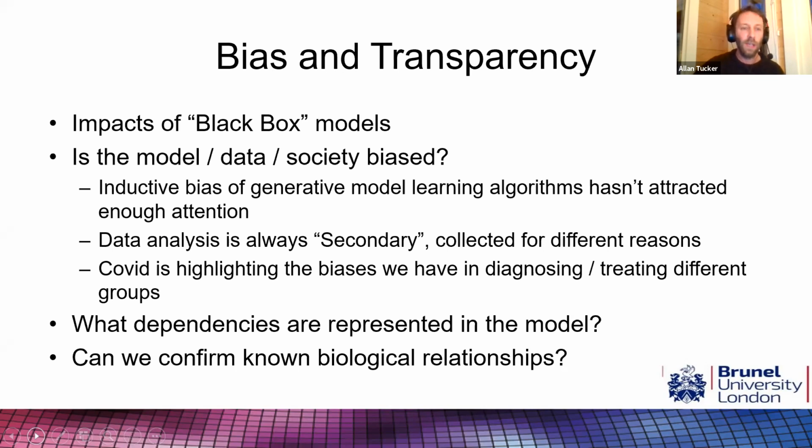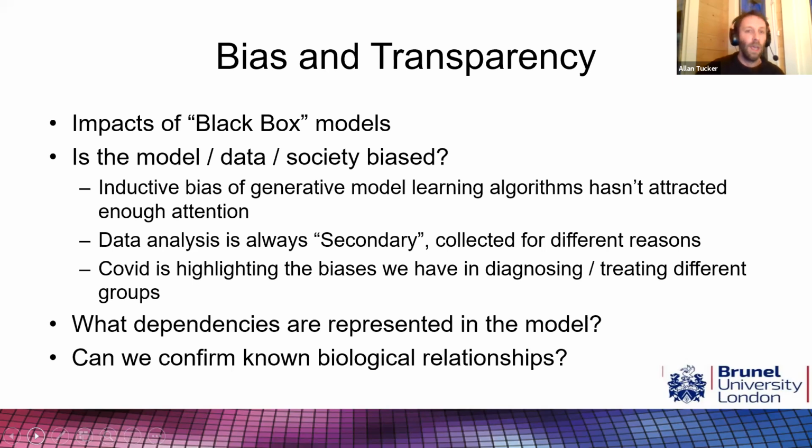So we have risks of inductive bias in generative model learning, and there's still a lot of research needed in understanding that bias, particularly in deep learning models, but across many machine learning approaches. The data itself holds bias. We know that most data analysis is secondary data analysis. It's been collected for different reasons than the analysis being performed on it. Therefore, we need to be aware of those biases, and just throwing it into a generative model can be risky too.